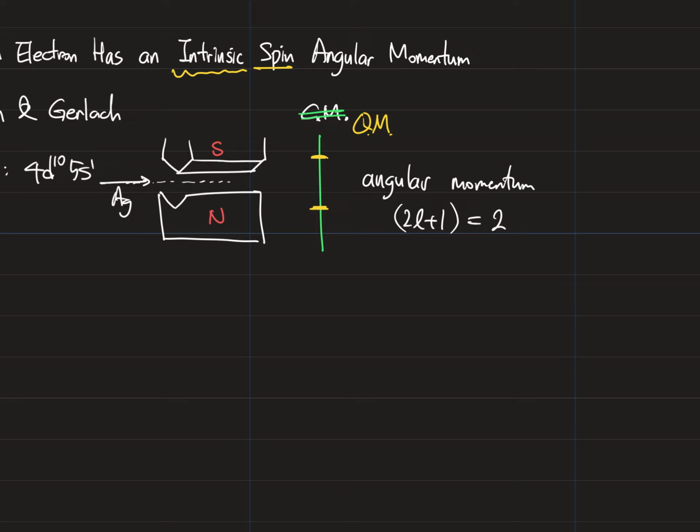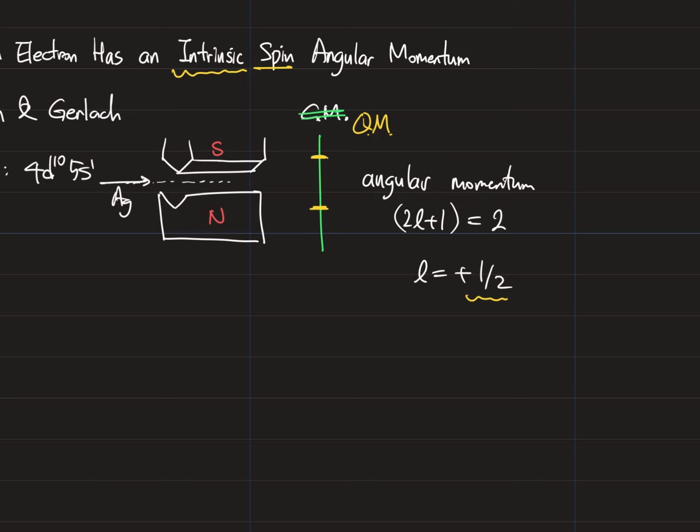Then from here, you might want to say L should be half the value, I mean 1 over 2. So we haven't seen the angular momentum of 1 over 2, right? At least for the orbitals.